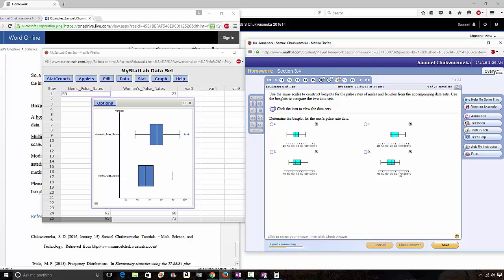So 46 and 90 might be A or D. And then, because this is the men's, you look at this, it is approximately symmetrical. This is almost symmetrical.